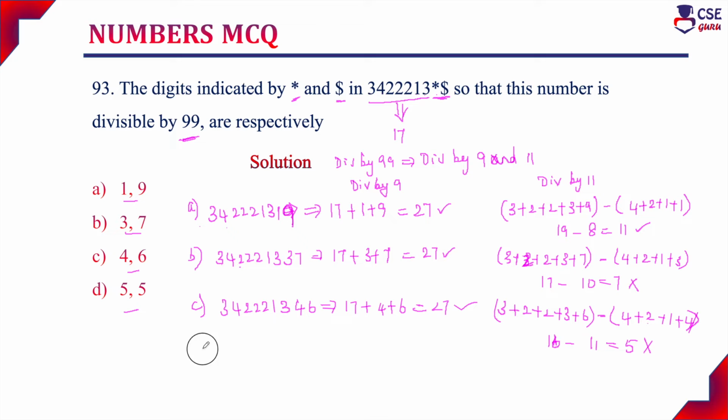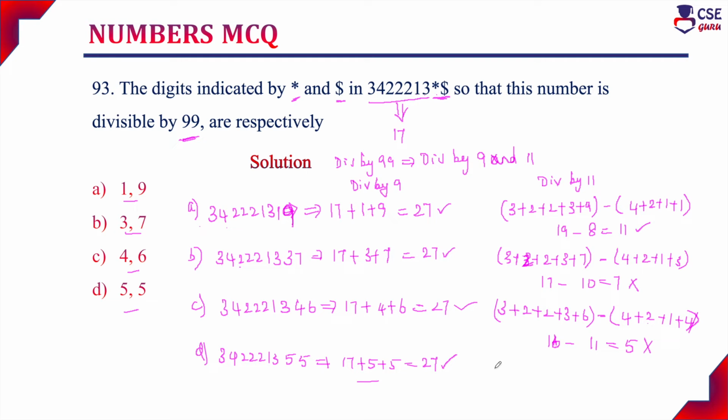And if you are checking option D, 342213 and star value is 5 and dollar value is 5. So it is 17 plus 5 plus 5, so the value is 27 only, and all these 4 options are divisible by 9. We only have to check whether it is divisible by 11.